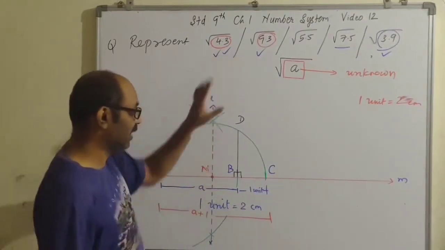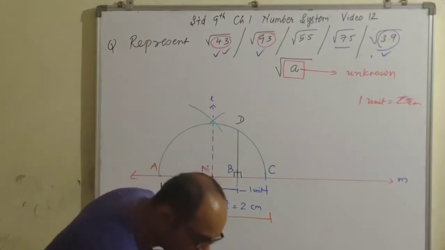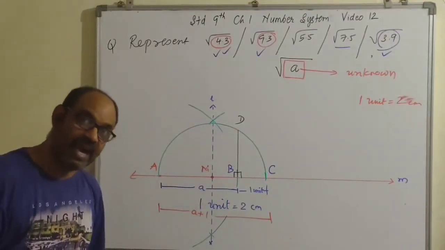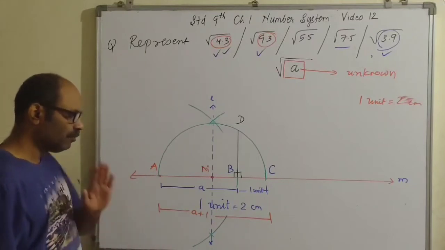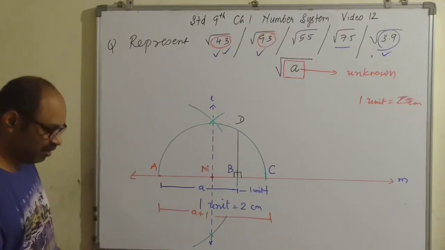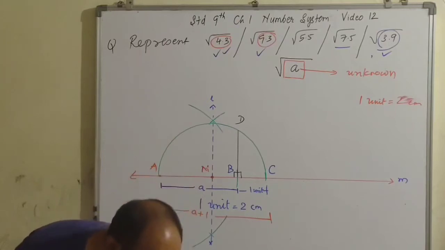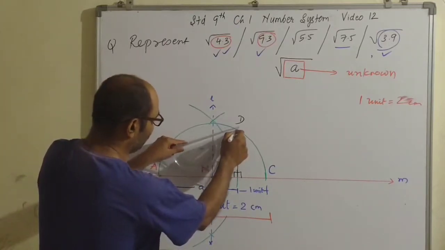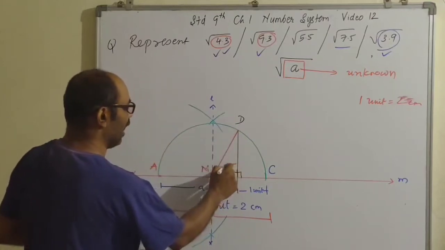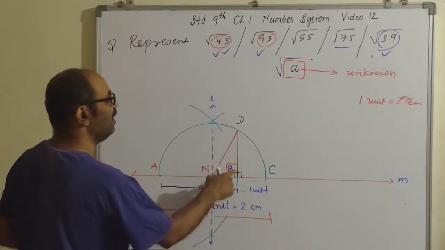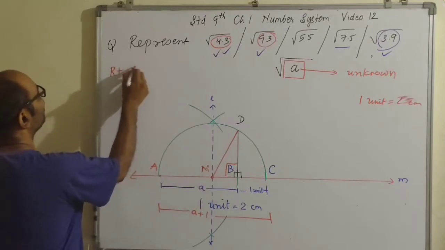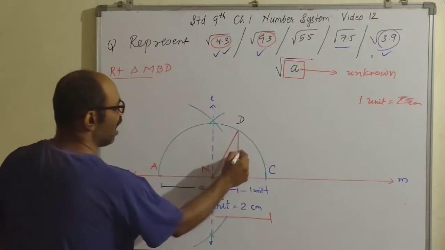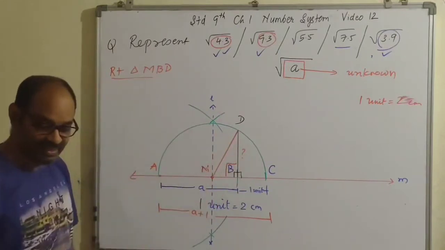But let us see how we are getting this as root a. How does this BD come out as root a? Let's see. Please pay attention. BD is one of the sides. If I join D with M, I get a right triangle MBD. In that, I would like to find BD.